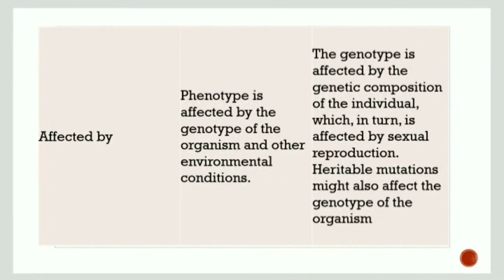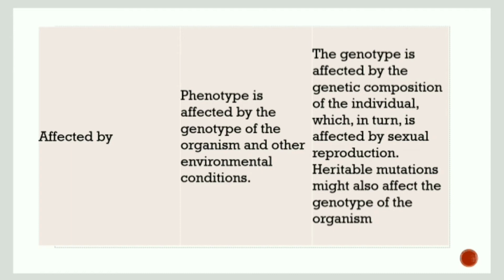So now let us discuss what the phenotype as well as genotype is affected by. So as we discussed earlier too, phenotype is a result of the genotype and the environmental condition. So phenotype is affected by the genotype as well as the environmental conditions.